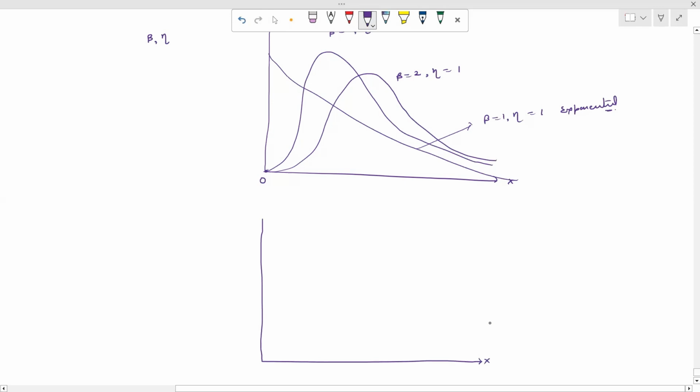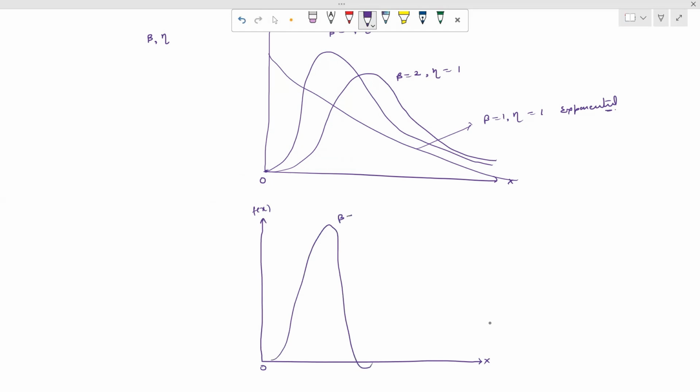This is the x-axis, origin, and y, that is a function of x. Now here we are changing, that means taking higher values of beta. The first graph is when beta is 10 and eta is equal to 0.5. Similarly, the second graph: beta is 10, but eta increases to 1.